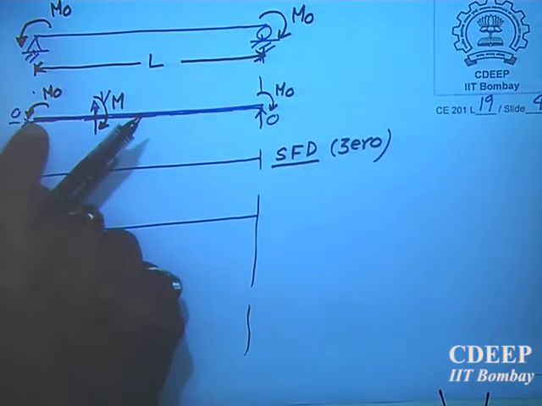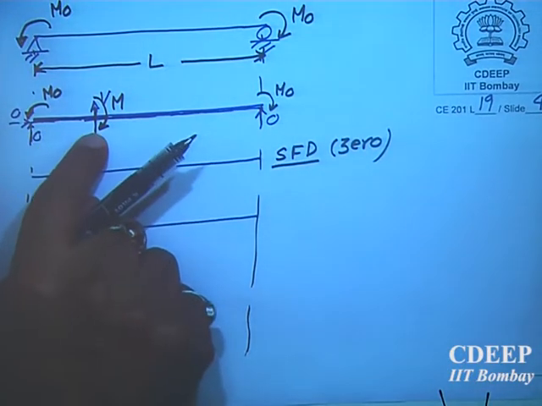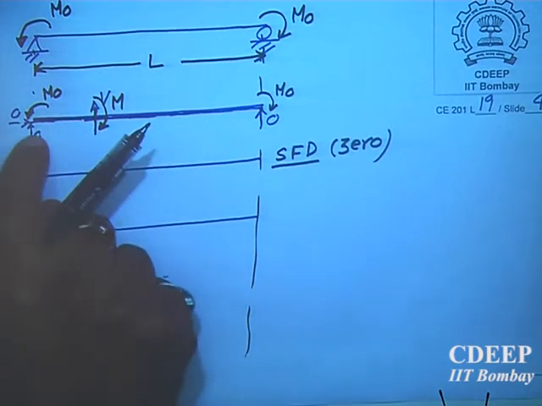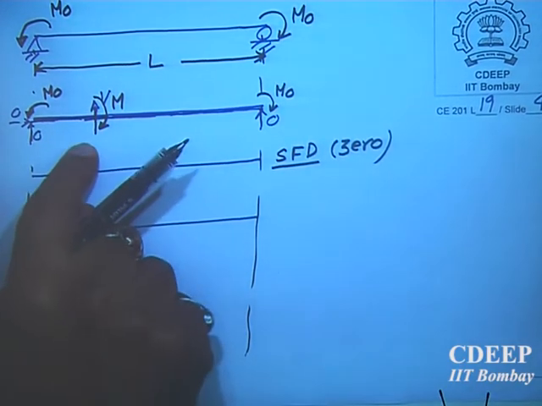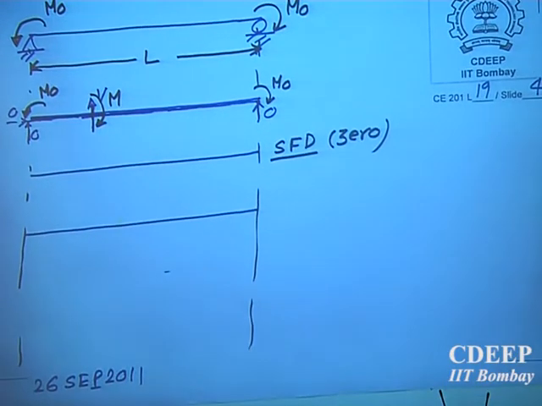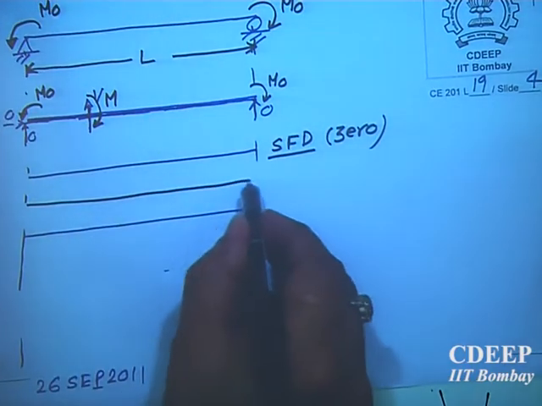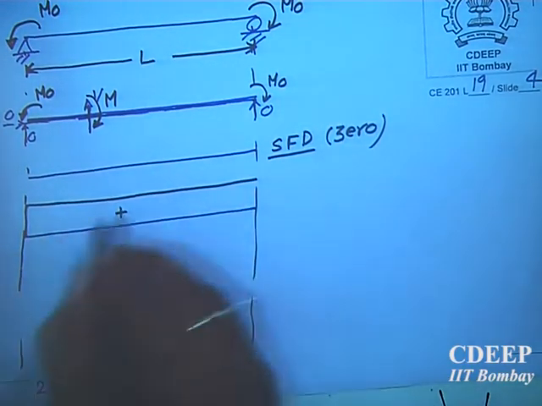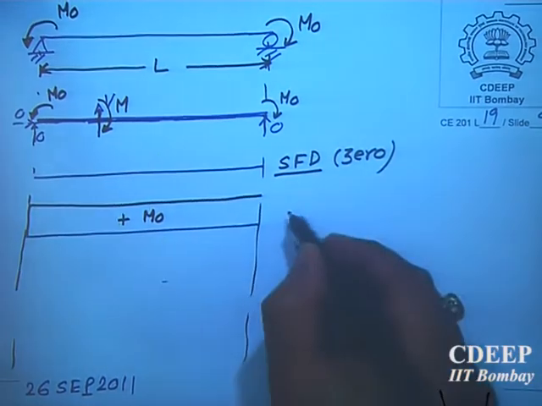Because there is no reaction, V into this reaction into distance will not come in the picture. Normally what is happening in the other case, because there was a reaction, this into this distance was coming in the picture. Now here it will not come in the picture. Okay, so it is M naught. So throughout my bending moment is M naught only, not 2M naught.